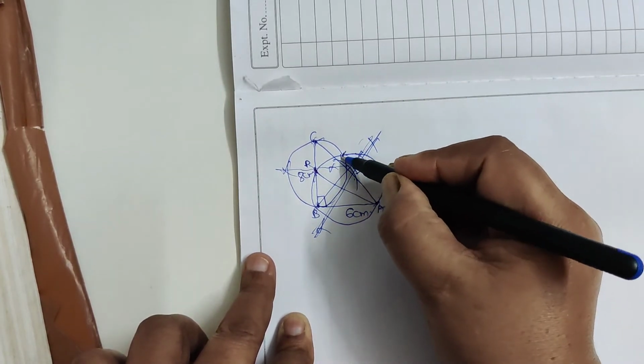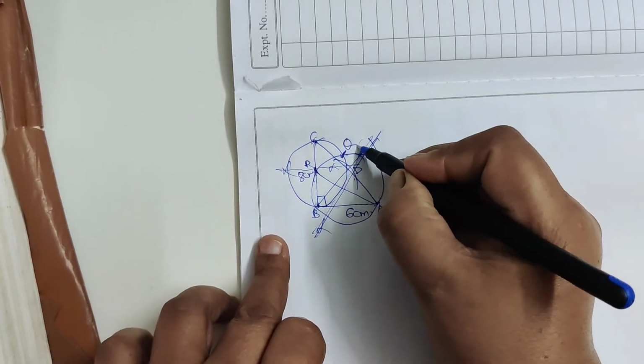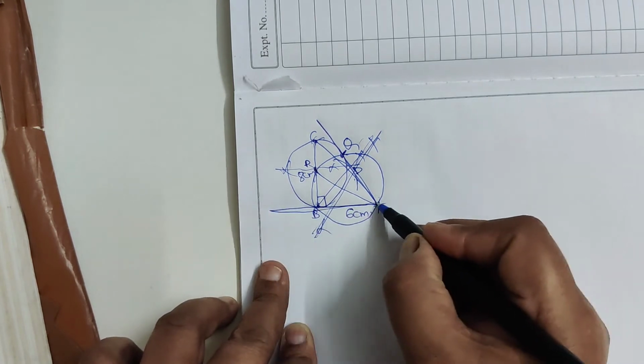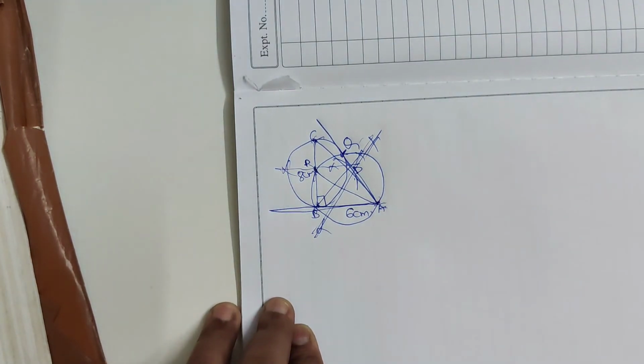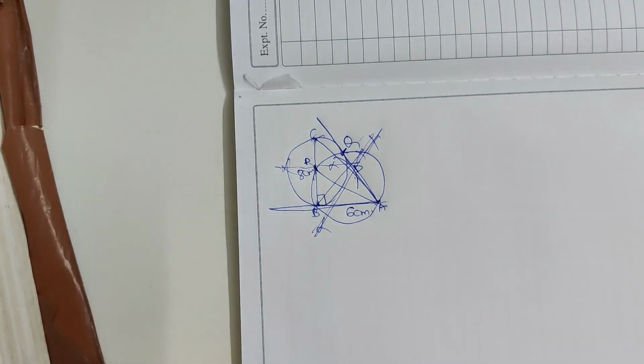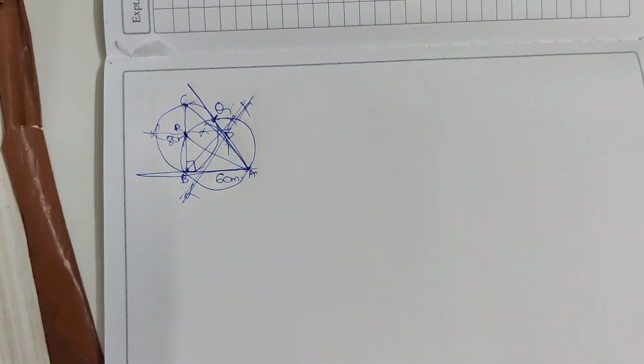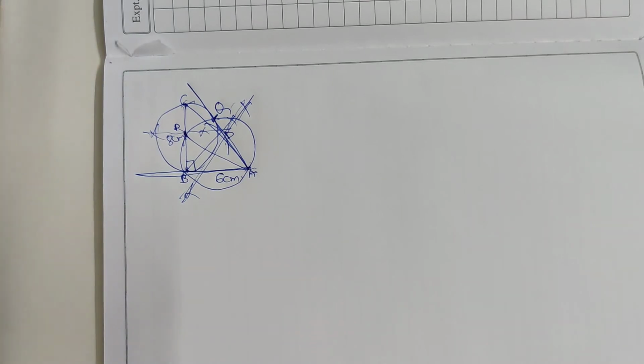This circle touches the point Q. Therefore, AQ and AB are the tangents on this previous circle. Very complicated figure. Okay.